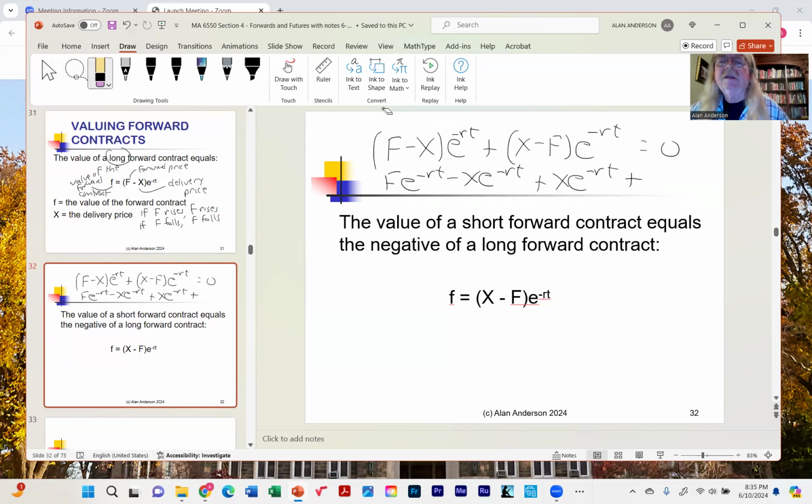Sorry, that's minus F. And you can see these all cancel each other out. Zero equals zero. Now, by the way, this is important for its own sake, but later on we'll see how this is the foundation for what comes with options. We're going to see options have some similarities with forward contracts, but some very important differences. So when we start looking at options, we'll be able to come back and revisit this discussion and see how options are different.